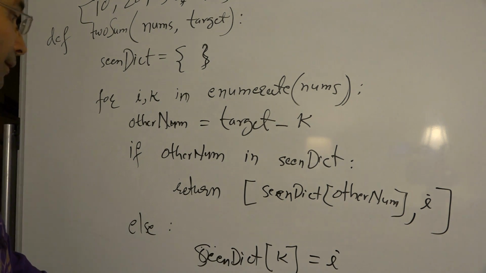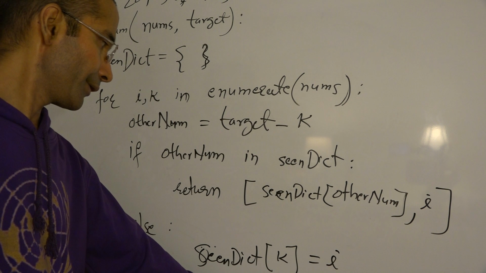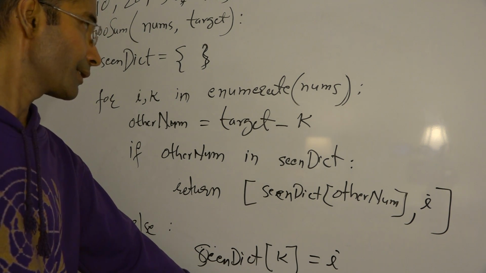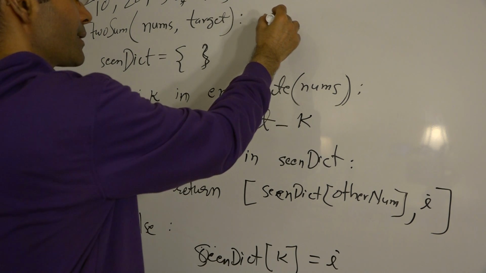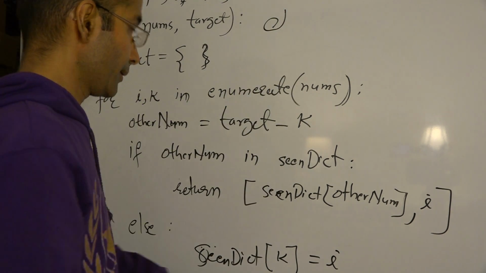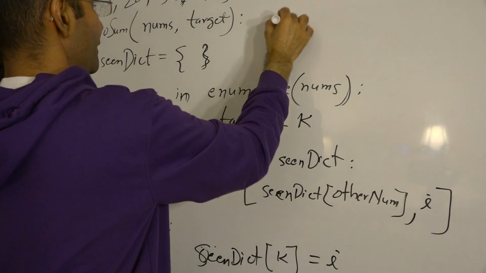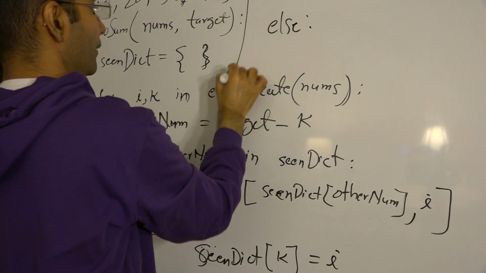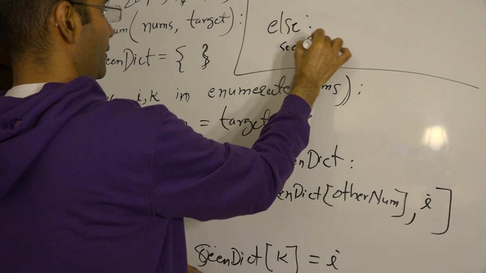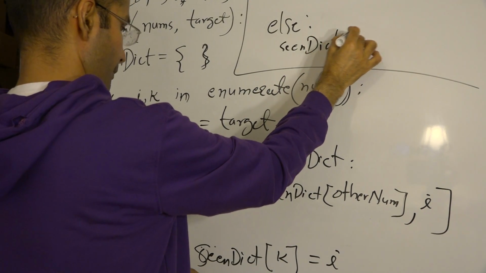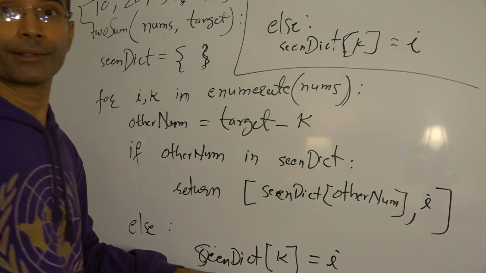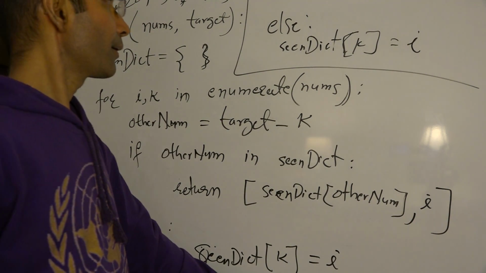Let's see, looks like it's not visible here. Probably I should write it over here. The else structure actually looks like this: SIN dictionary k is equal to I. That's what it looks like.